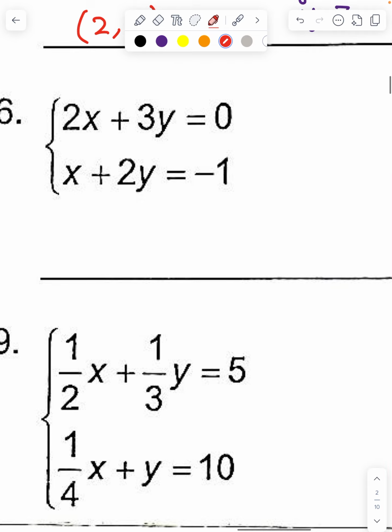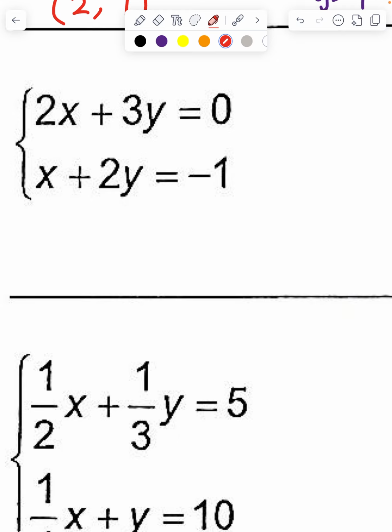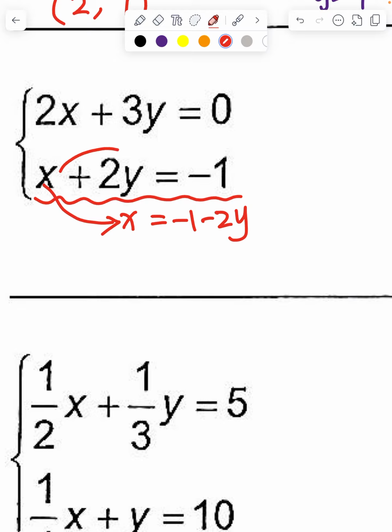Number 6, we have 2 equations. Okay, I'm going to do the second one. I'm going to change the second one. x equals negative 1 minus 2y. The positive 2y, I moved away, it becomes negative 2y.